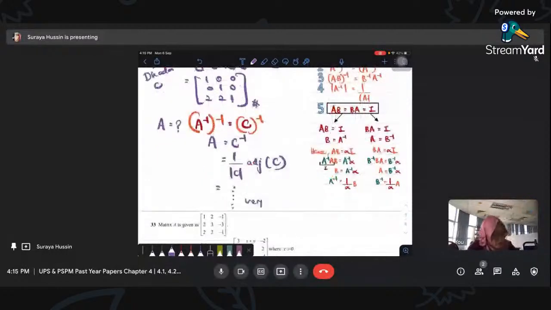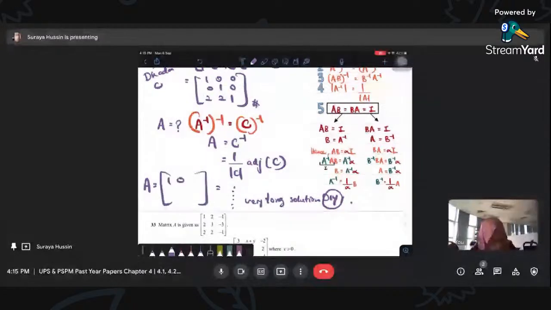I want you to do it by yourself until you get the answer A equals a 3x3 matrix also: 1, 0, 0, 0, 1, 0, negative 2, and 1. That's it. That is your answer.